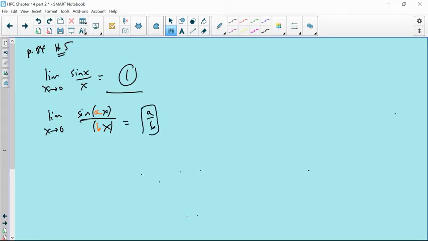So if I said, what's the limit as x approaches 0 of sine of 3x over 2x? It doesn't matter that the 3 and the 2 are different. What matters is that you have a sine of some amount of x and an x, and as long as you're approaching 0, that much of it will be approaching 1, and then 1 times 3 over 2 is just 3 over 2.